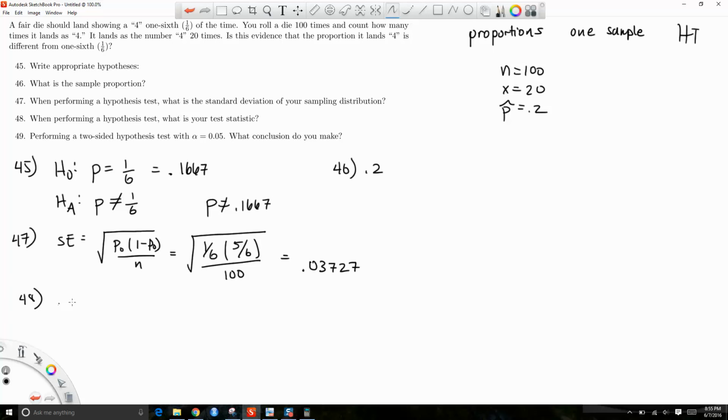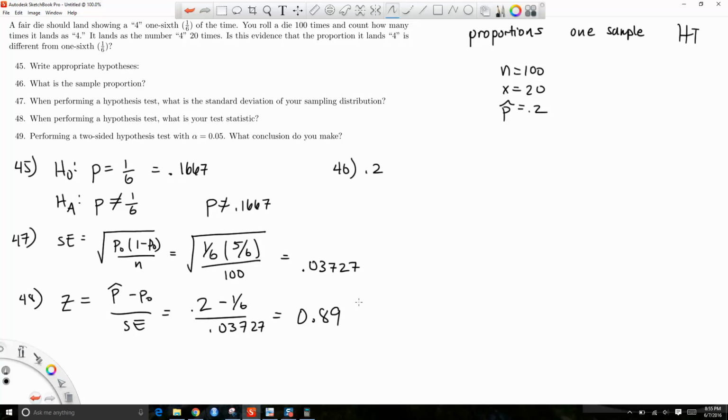Okay, and our test statistic z is going to be p hat minus p0 divided by our standard error. Our p hat is 0.2. I'm going to subtract off for p0 1/6 divided by 0.03727. I get a z equal to 0.89, rounded off to 2 decimal places. Whoops. Where did you get 5/6 from? 1 minus 1/6.